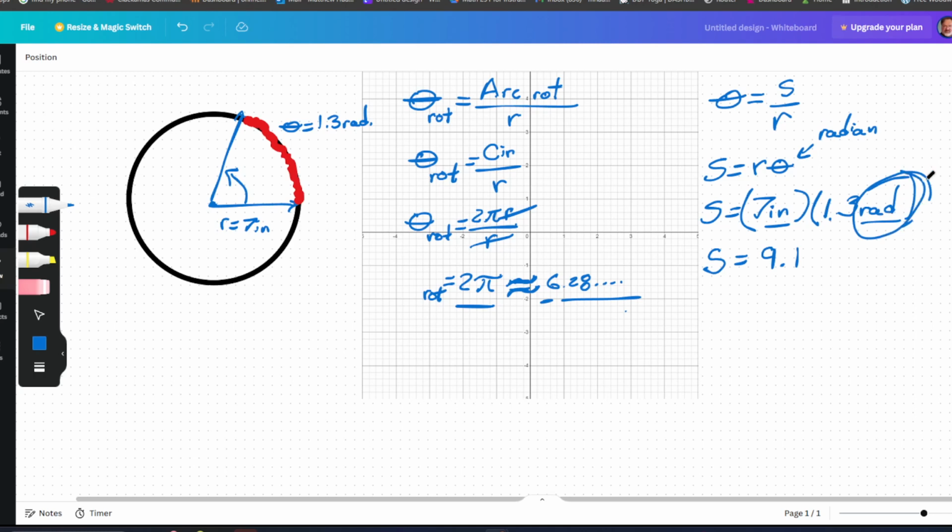We say radians, so we know what we're talking about, but if you look up here at our definition of radians, if this ratio is, say, arc length in inches and radius in inches, those units are going to cancel. Because radian measure is a ratio unit, it doesn't contaminate calculations. So we just get 9.1 inches.